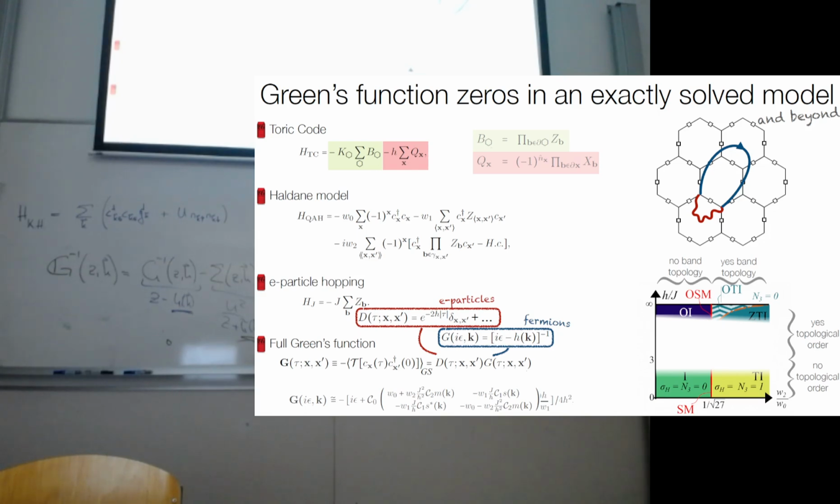So when W2 is larger than W0, then you have mass opening at K and K prime which is opposite in sign. When that happens, in the case of standard non-interacting fermions, you get a quantized Hall response. You can actually calculate the integral of the Berry curvature, and you will find it will be this.